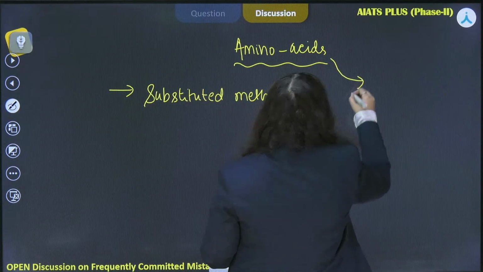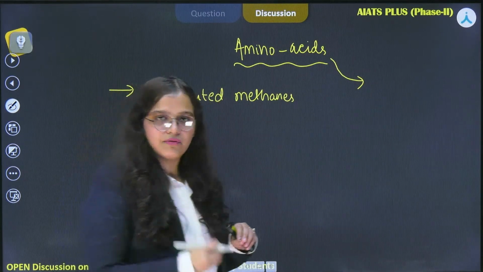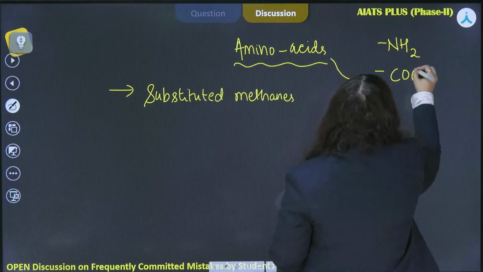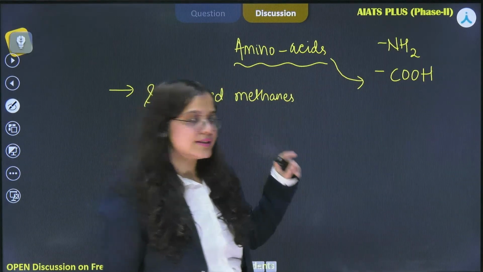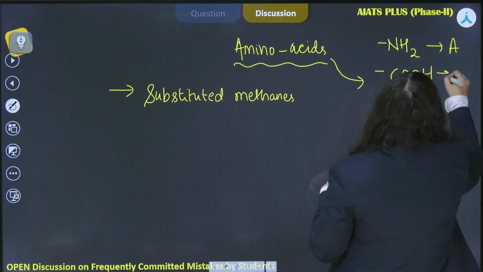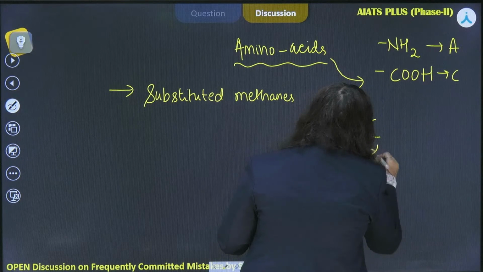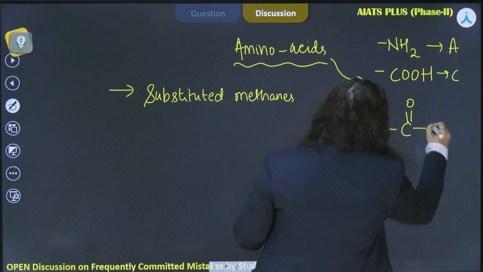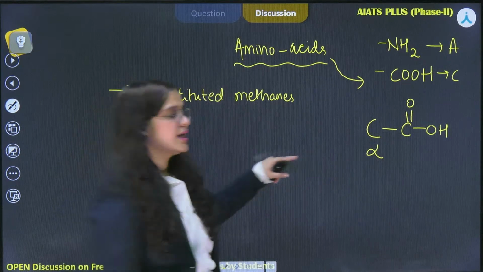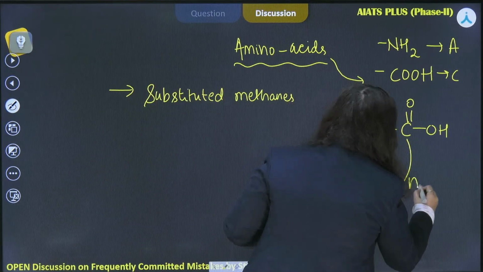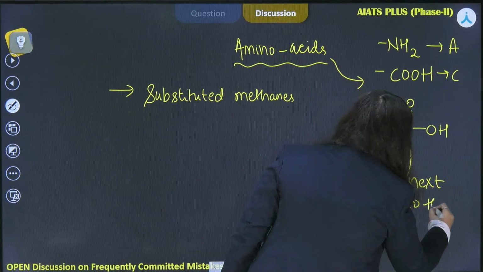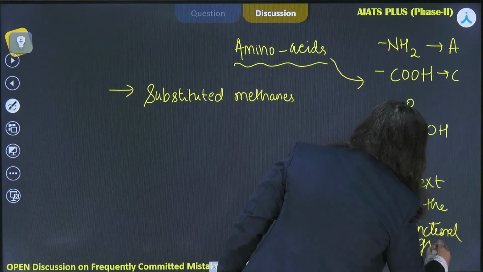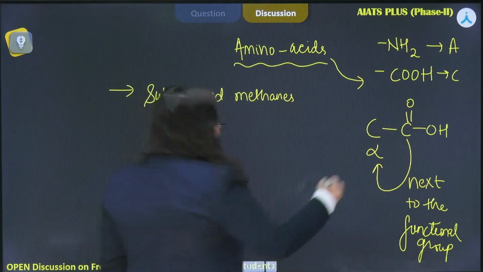Amino acids are basically molecules that contain functional groups like NH2 and COOH, which is the carboxylic group, and the other one is the amine group, on the alpha carbon. मतलब alpha carbon का मतलब होता है that any carbon which is next to the functional group is said to be our alpha carbon.